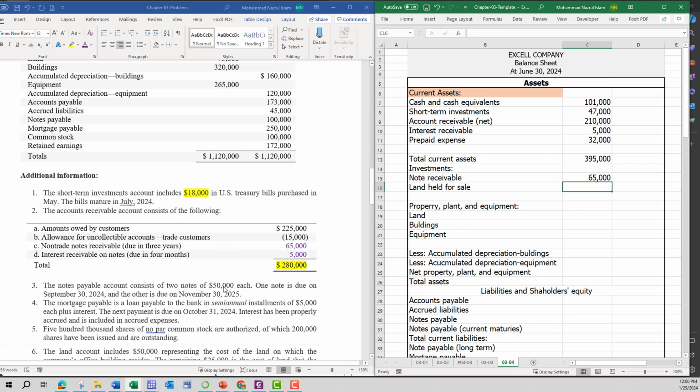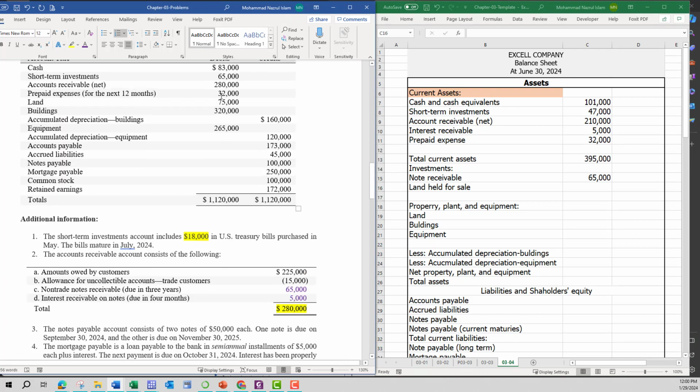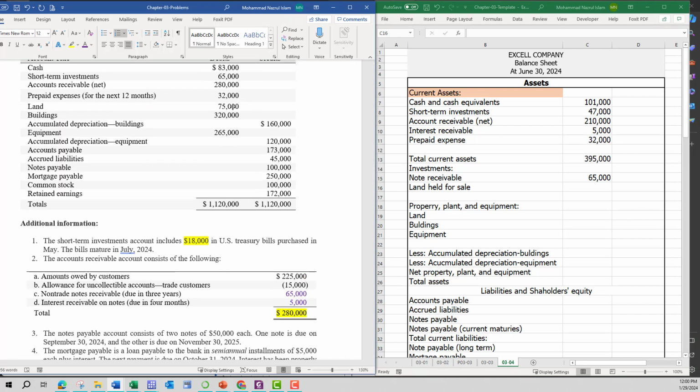And land held for sale, as we said, 25,000 is the land out of this 75. Now let's go to property, plant, and equipment. Land held for sale is 25,000, and the remaining land is 50,000.